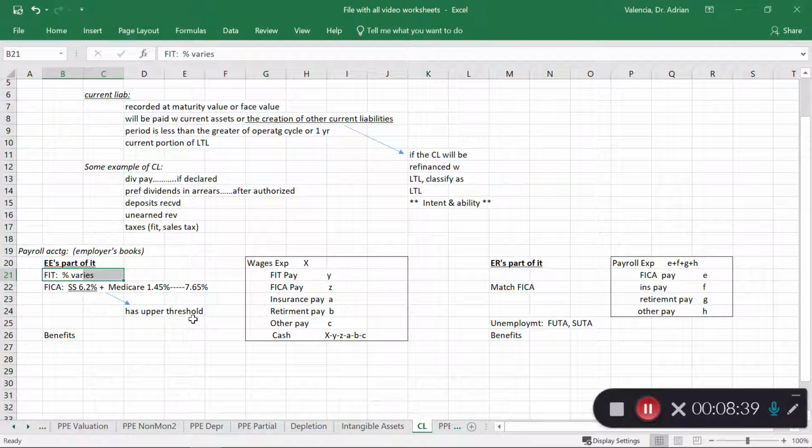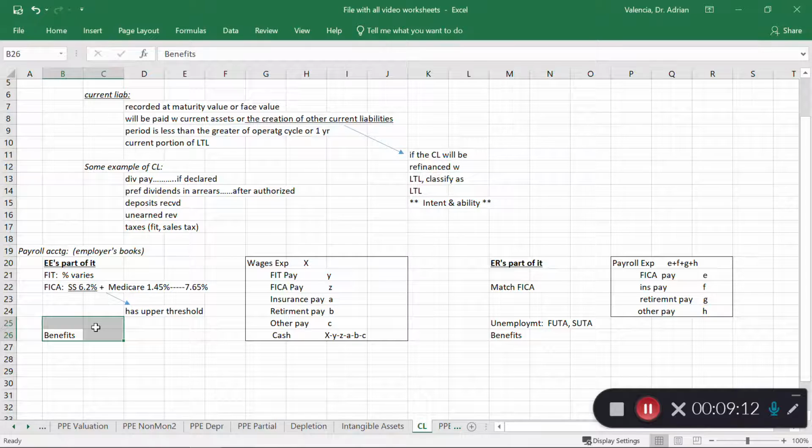Every year that threshold changes. But once you reach that threshold in a calendar year, you no longer have to pay the 6.2%. Most employees do not reach that level and they pay 6.2% throughout, just because they never reach that threshold on a yearly basis. You also take out 1.45% for Medicare from the employee's amount. And then you subtract out any other items for which the employee pays.